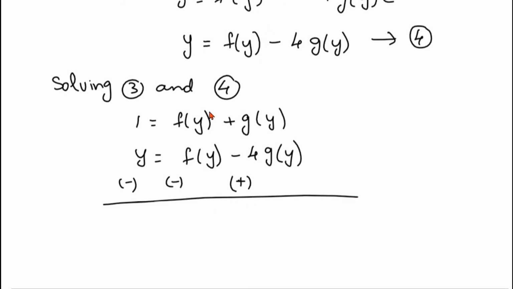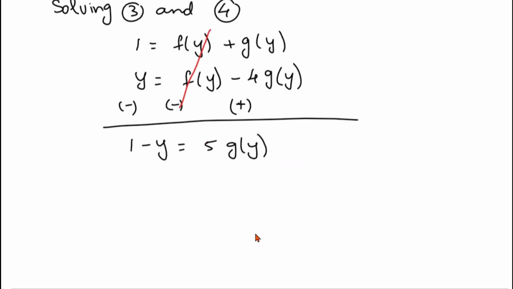So plus f(y) and minus f(y) will cancel out. You will get 1 minus y is equal to, here plus 4 plus 1 will be 5 times g(y), or the value of g(y) will be equal to, keeping 1 minus y as it is, cross multiply this 5, it is divided by 5. So solving 3 and 4 and subtracting, we got this result.